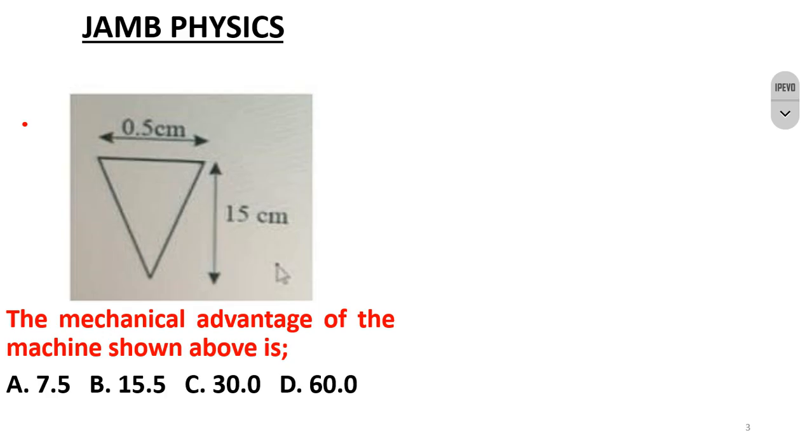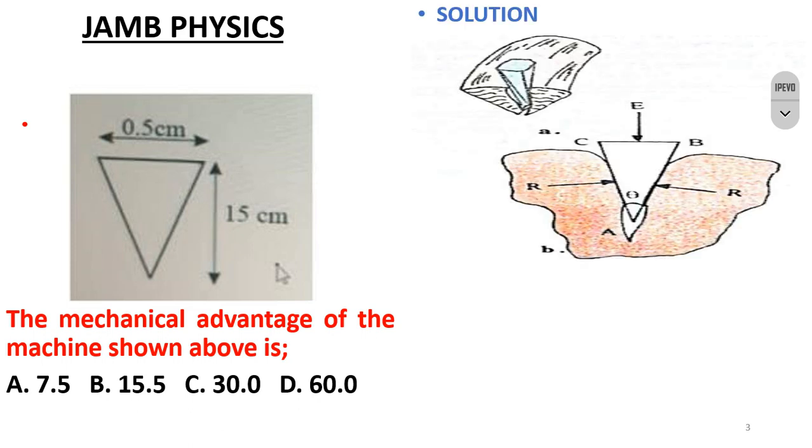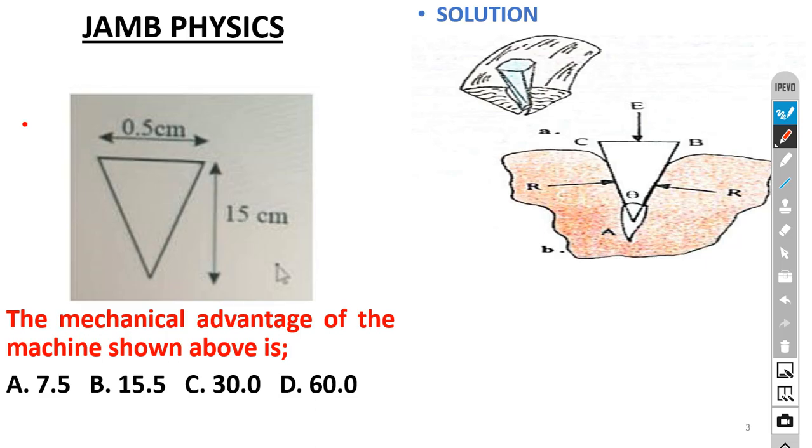It is left for the students to know the type of machine that is in the figure. So before we go ahead and solve the problem, I am going to first make you familiar with the type of machine that is here and the mathematical expression we can use to derive its mechanical advantage. Looking at the figure, you see a timber and a metallic substance forced into it by pressure.